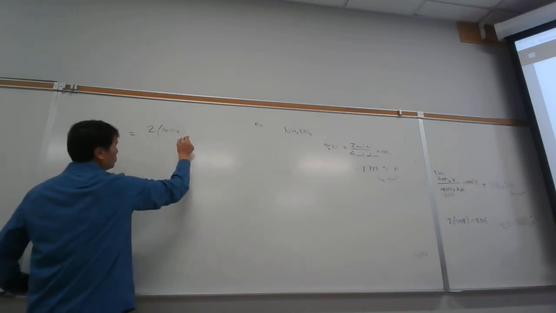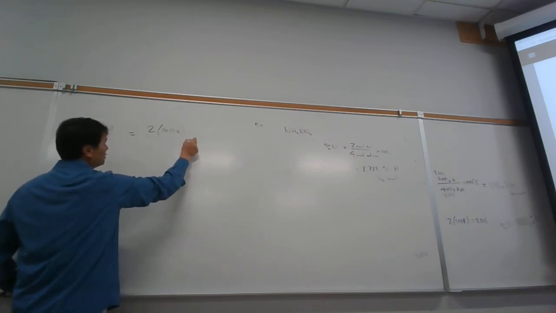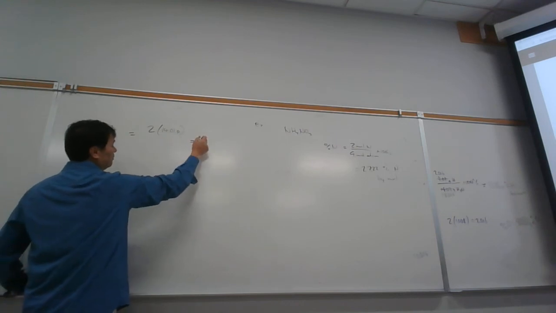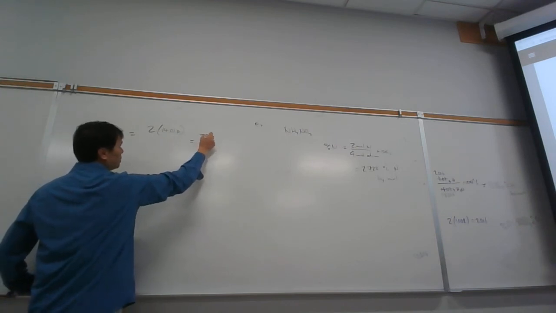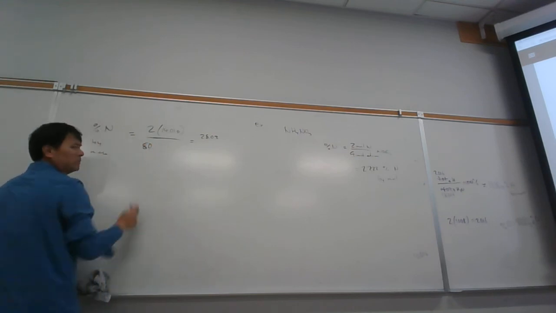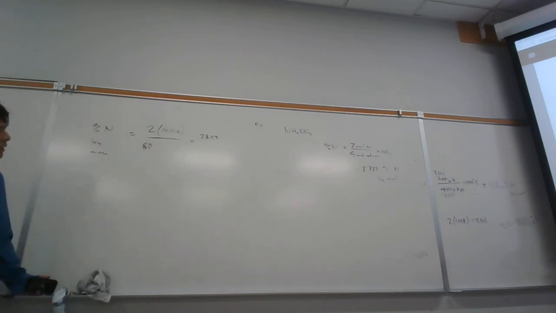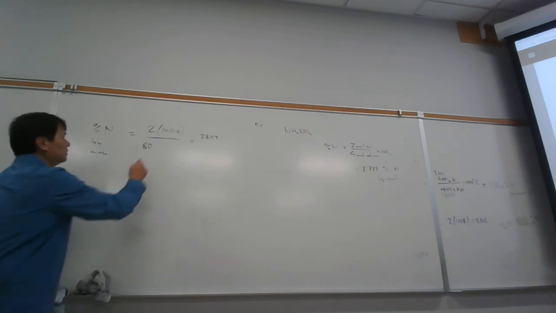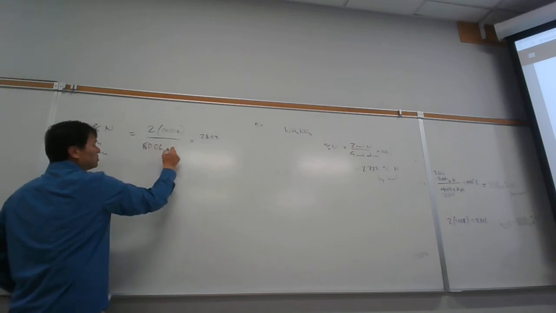So that would be 28.02 grams. This is 2 moles. That's how many grams per mole. So we get 28.02 over the total. What was the total again? 80.06 grams total.